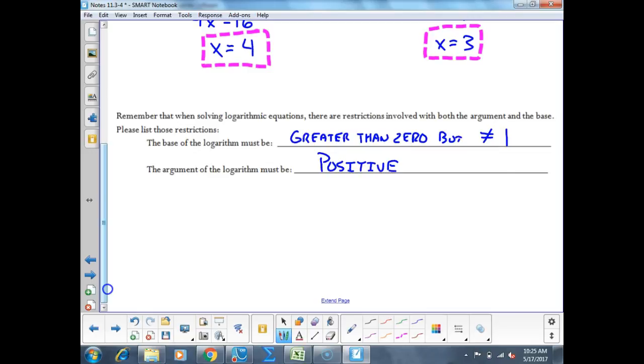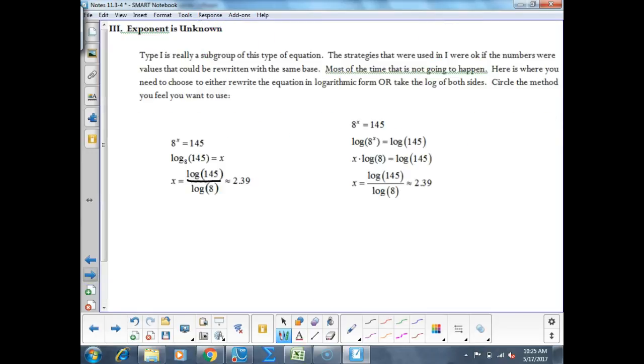Can my argument be 0? Brett? No. Can't be 0 either. Okay? So can't be 0 there. Okay? Can it be equal to 1? Yes, my argument can be equal to 1. Okay? So you got to go back and you got to check them.